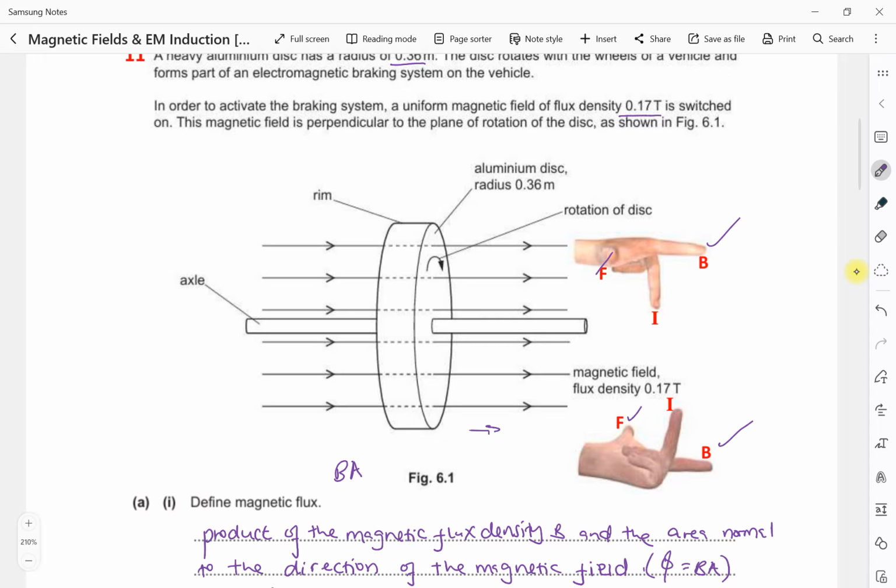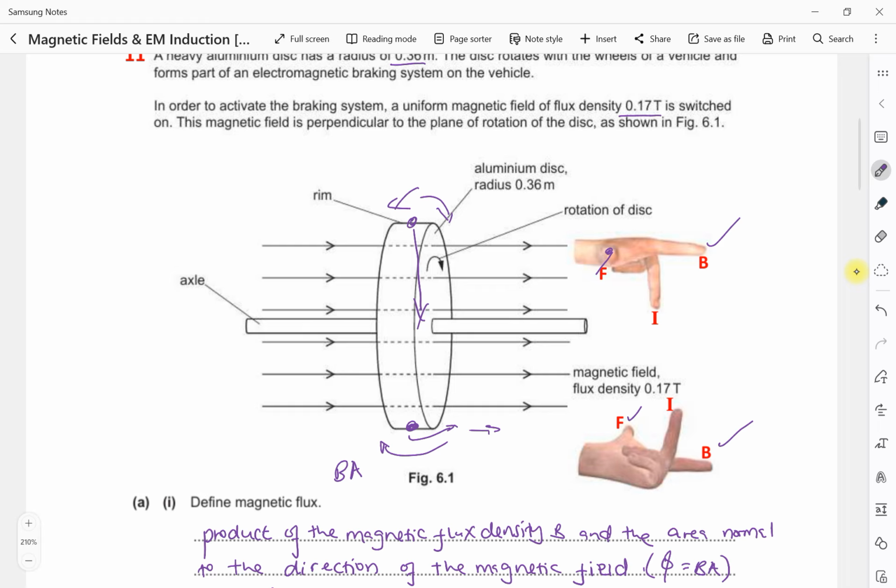When you apply it at the top, since this is clockwise rotation, the thumb must be in the opposite direction, which is this one here. With the first finger pointing to the right, the second finger points towards the center. That's towards the axle. If you use it at this point here, remember rotation is in that direction, so the thumb must be counterclockwise.